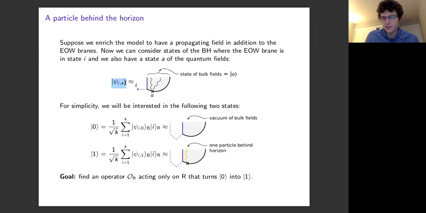This is like the Hilbert space of the boundary theory, of the holographic theory. And the state A lives in the Hilbert space of the bulk effective field theory. So the sense in which they're approximately related is that this exact state here is approximately given by a bulk state where the bulk fields are in this state. I'm not sure if that answers your question or if you had something else in mind.